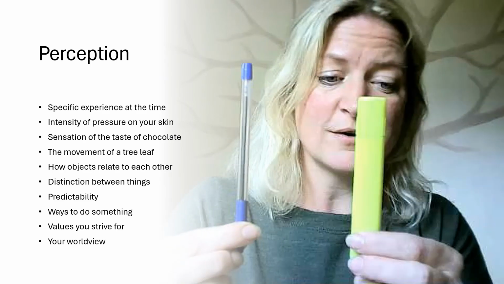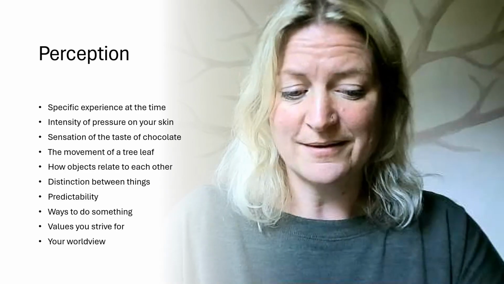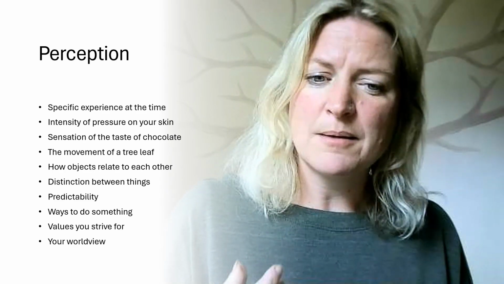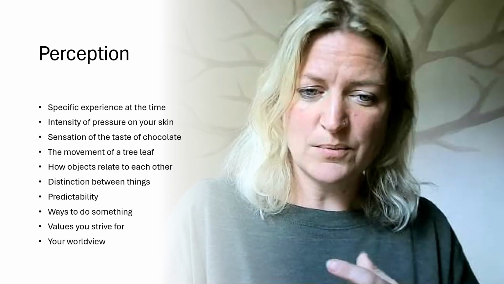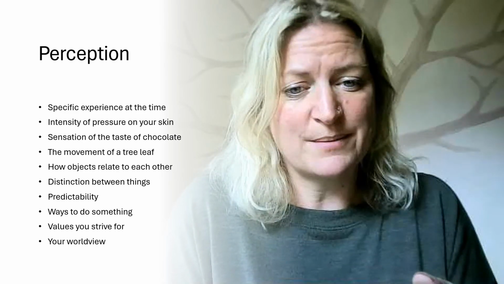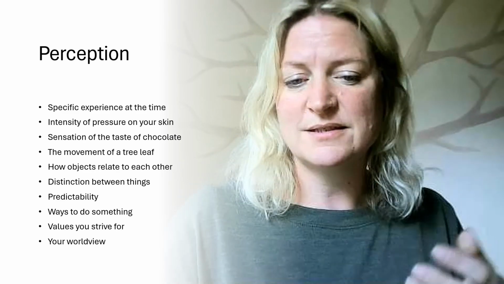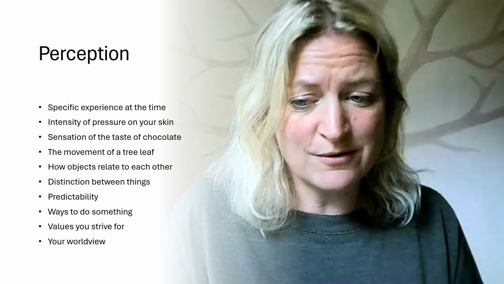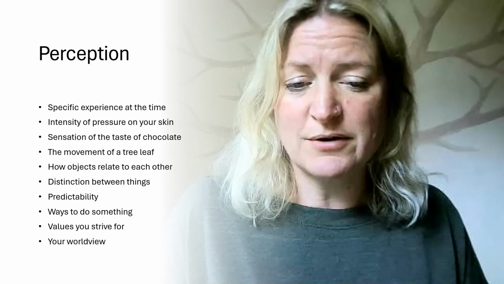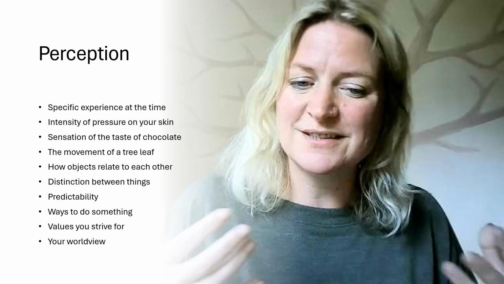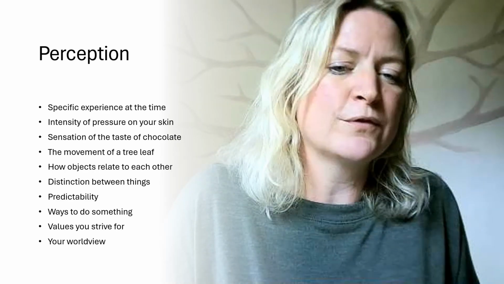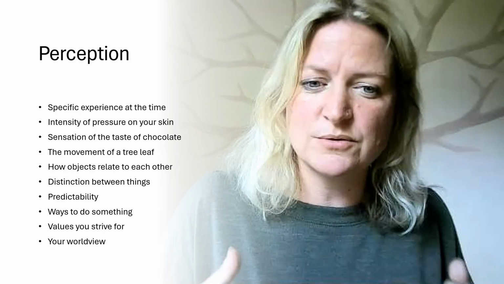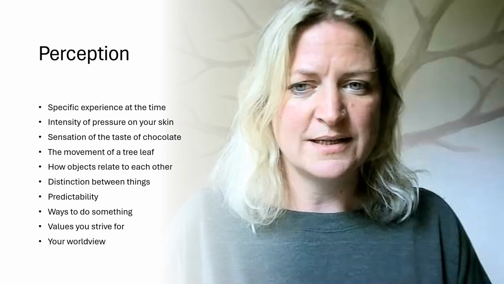So these are also perceptions. Predictability, and the way I predict, for example, this video to continue, is a perception. And ways to do something are perceptions. Values I strive for, what I think is important, is a perception. And even my worldview, how I understand the world, what I think is true or not, is a perception.